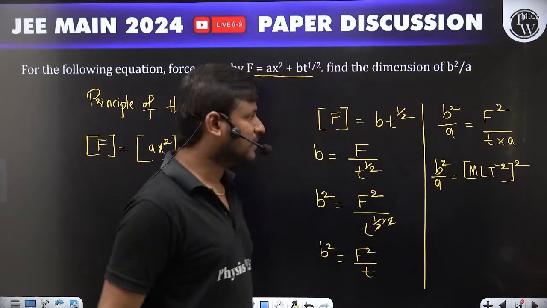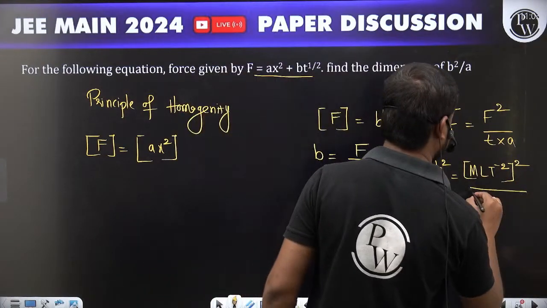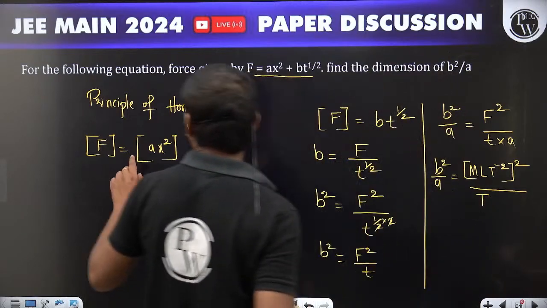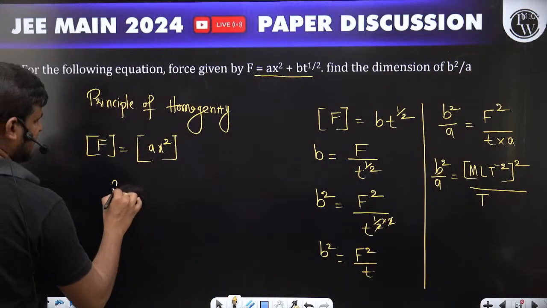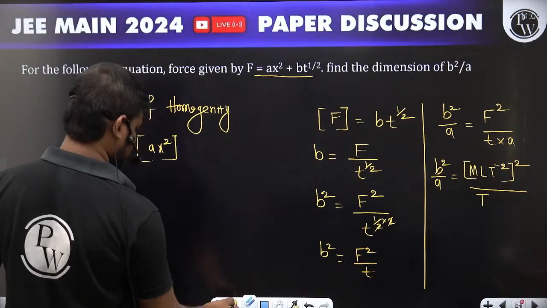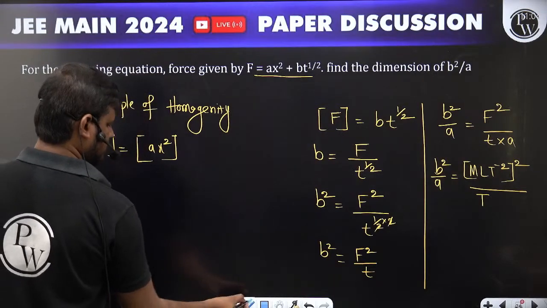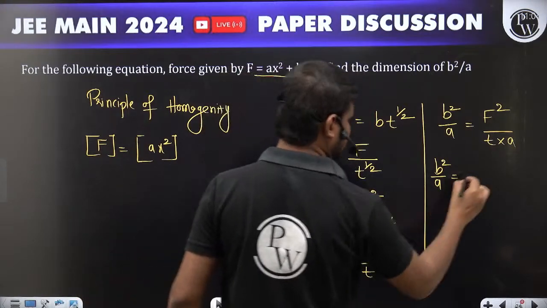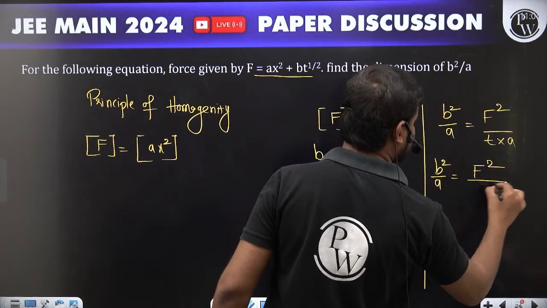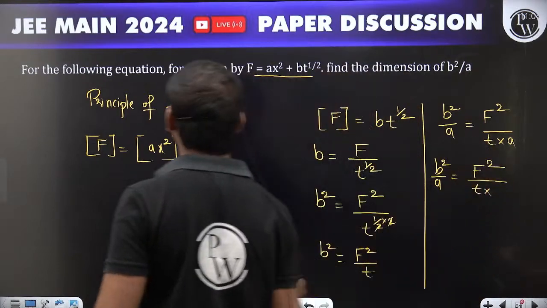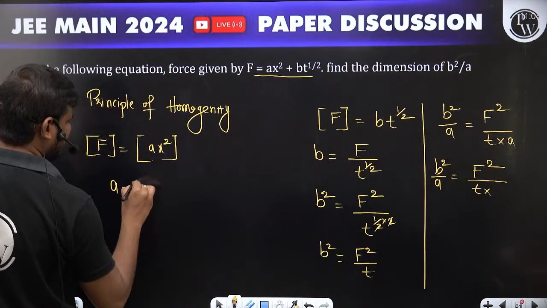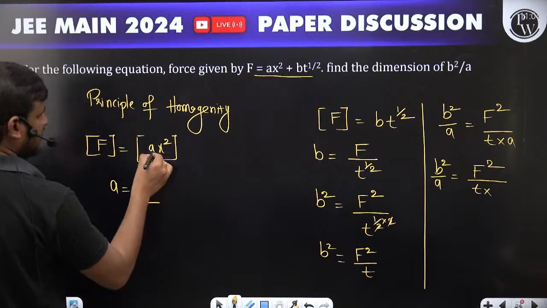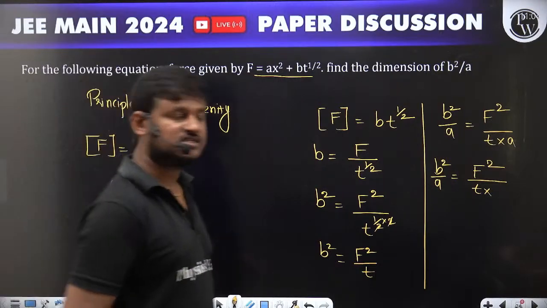For a, let's calculate at the end. Don't substitute dimensions now, just let it be F square itself. So F square by t into, in place of a, I am writing F by x square.